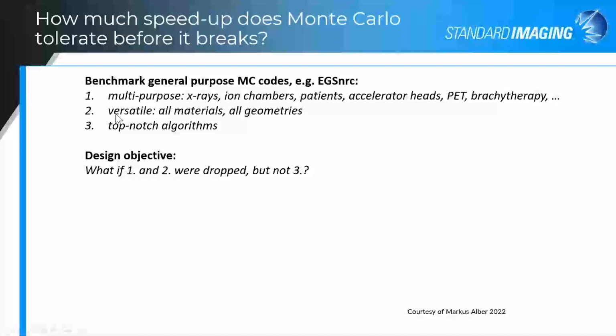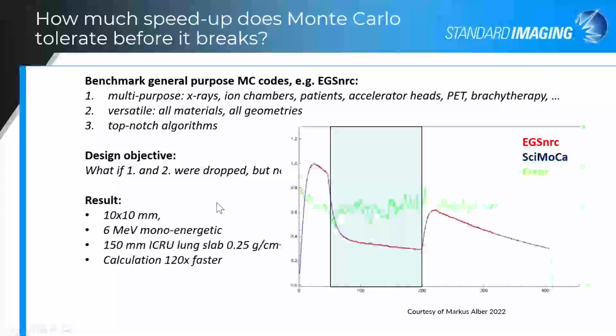And so in particular, not having to load cross sections for all materials. And then, of course, doing some optimization for a patient anatomy. But at the same time, we don't want to drop this accuracy.